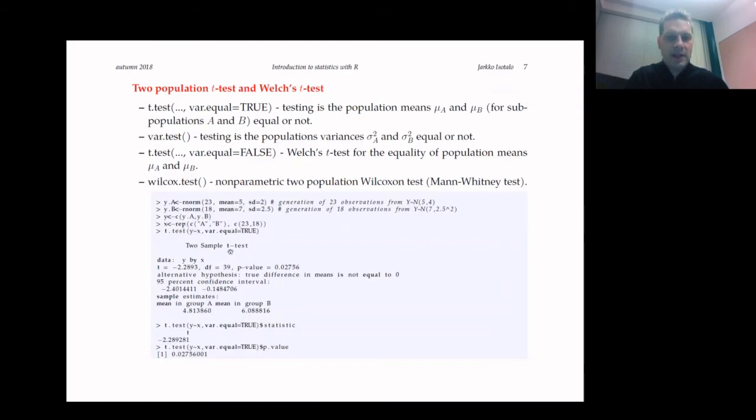And then if we use the t-test, we get this output, and here you can find the test statistic, minus 2.2893, and then there's a p-value which is quite small now, and this would mean that we would reject the null hypothesis that the population means are equal.